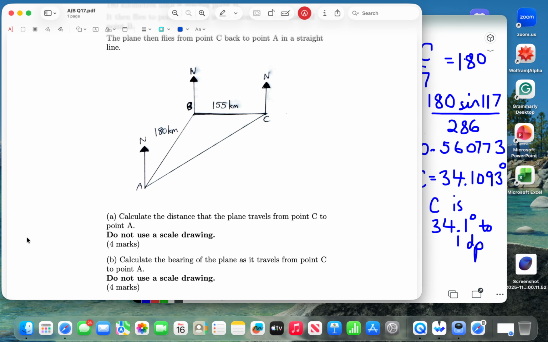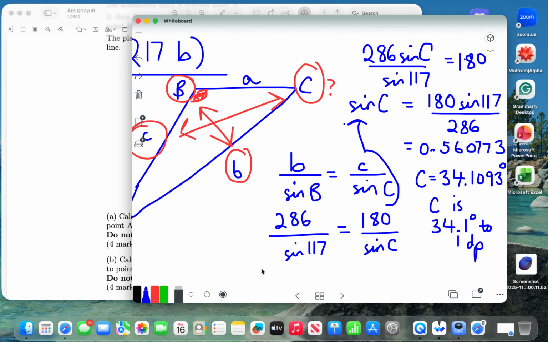But we have to find the bearing, and I told you at the start of the video the bearing would be 270 take away that angle C, and bearings always have 3 digits before the decimal point.